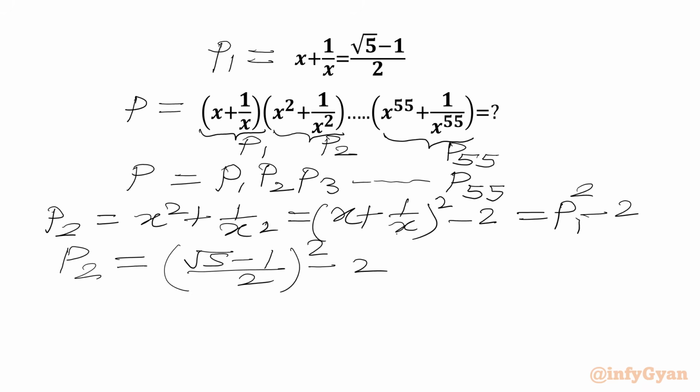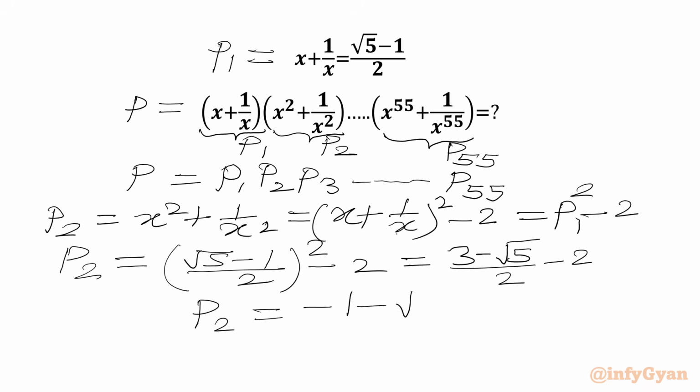Let's apply the (a minus b) whole square formula. So we'll get (5 plus 1 minus 2 root 5), which is (6 minus 2 root 5) over 4. We will cancel numerator and denominator by 2. So (3 minus root 5) over 2 minus 2 will be equal to (minus 1 minus square root 5) over 2. This is the value of P2.